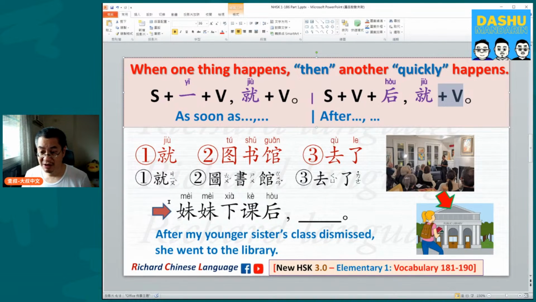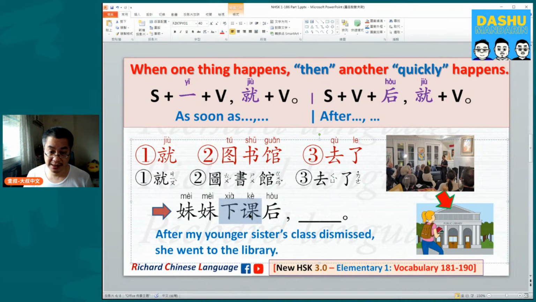Let's practice this structure. 妹妹下课后. 下课 means the class is dismissed. 妹妹下课后就图书馆去了. 图书馆 means library.